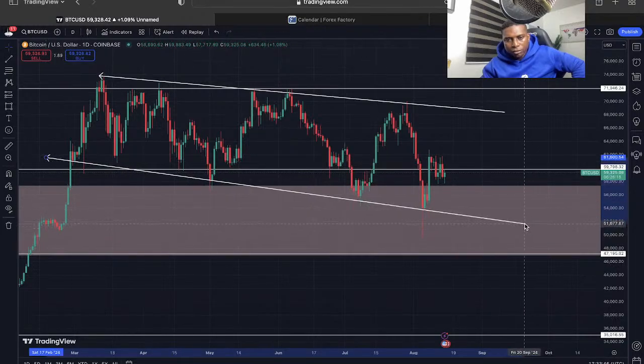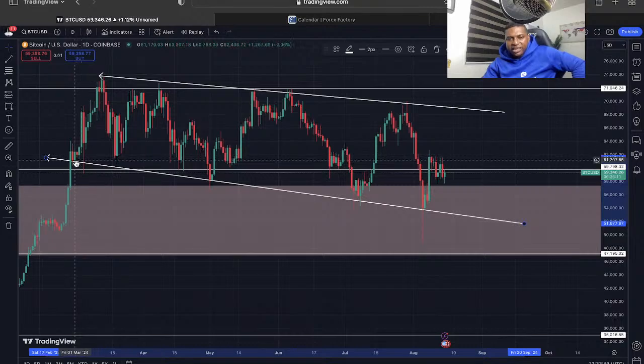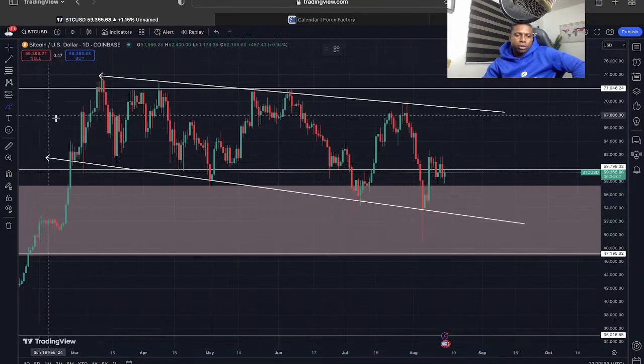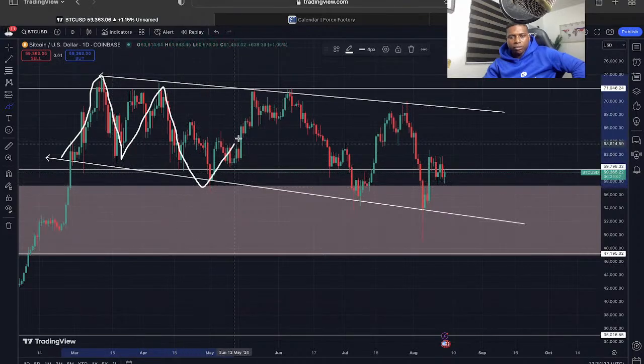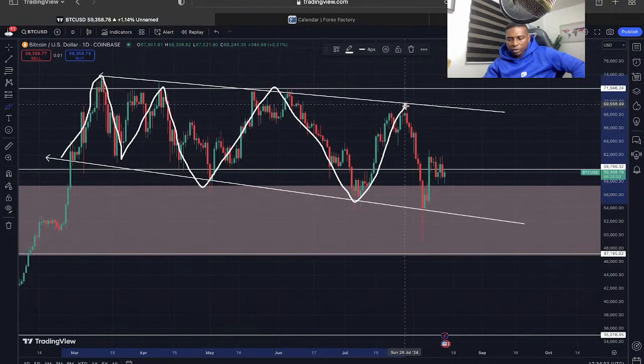So we can see here how BTC had moved. Let me get this brush. BTC moved up, came down, moved up, came down, moved up, came down, moved up, came down.